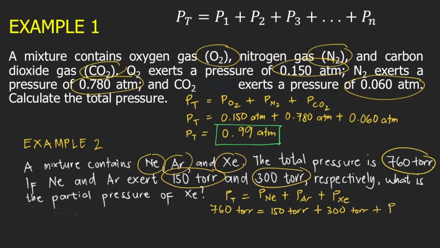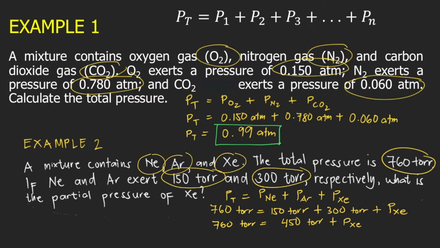So you just put PXe. So 760 torr. You can add 150 plus 300 torr. That is equal to 450 torr, plus the partial pressure of xenon.